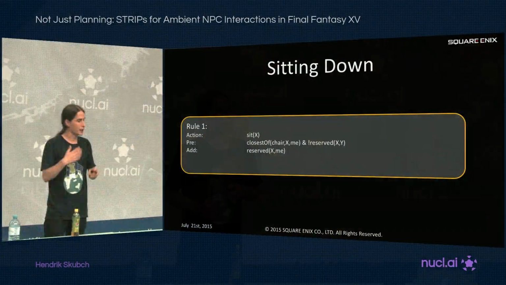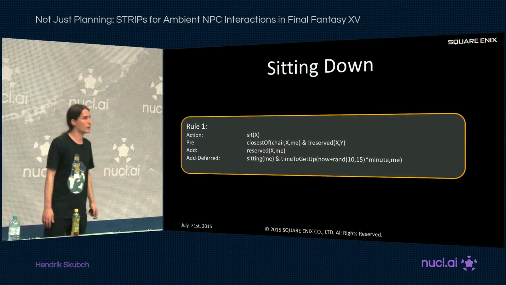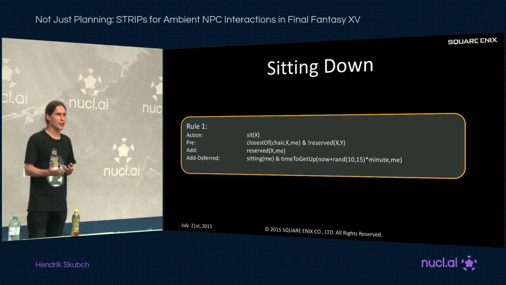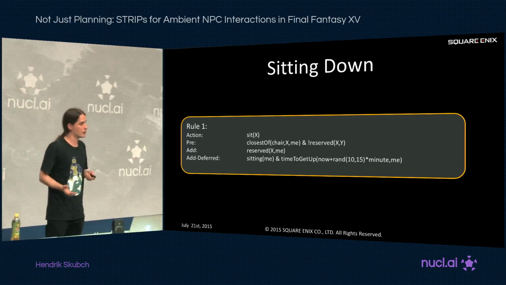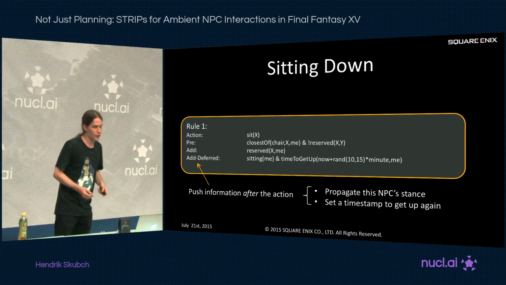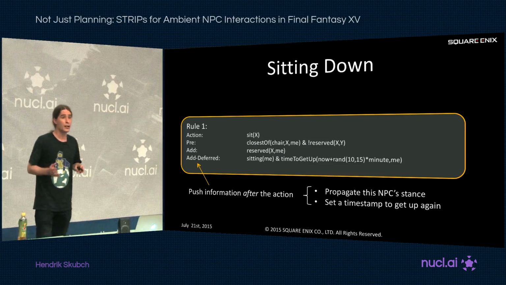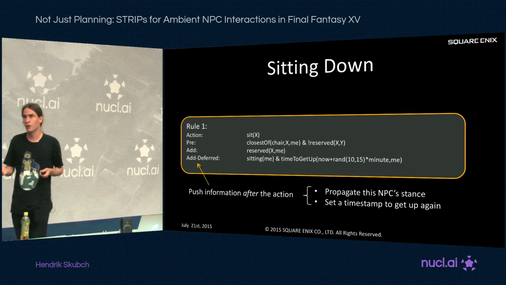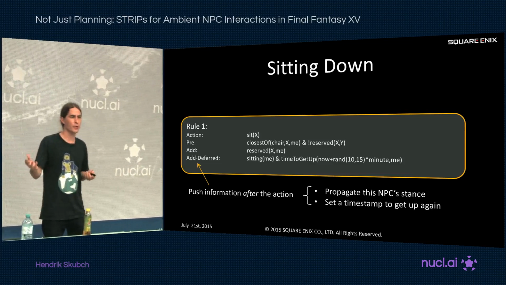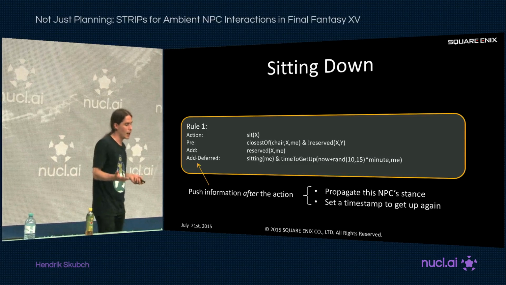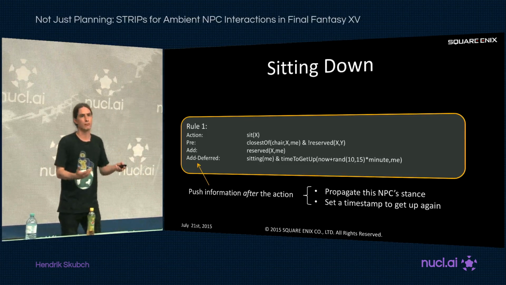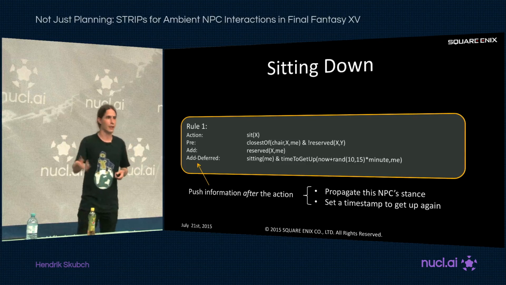That's pretty nice. We then need a little bit more information to get things going. And we would like to be able to say, after that action has been completed, inform other NPCs to say, okay, now your stance has changed, and you're now sitting. And furthermore, maybe push a timestamp to the tuple space to say, okay, in 10 to 15 minutes, maybe it's time to get up again, so that the scene has a certain dynamic and NPCs are not sitting there forever.